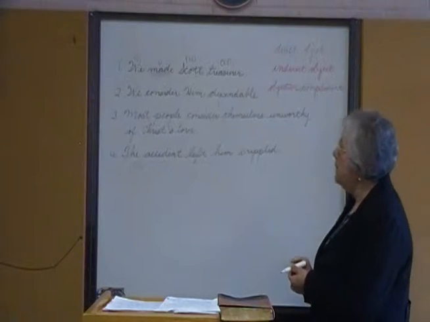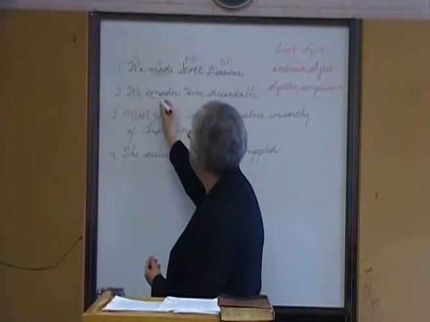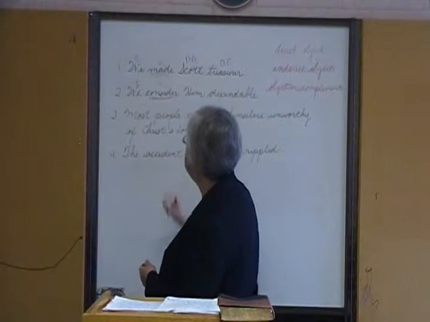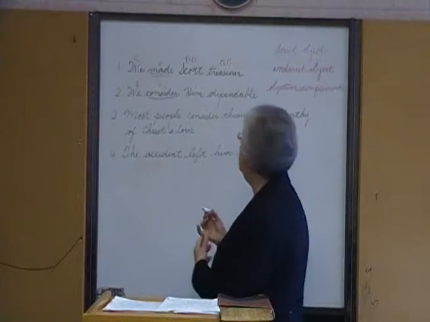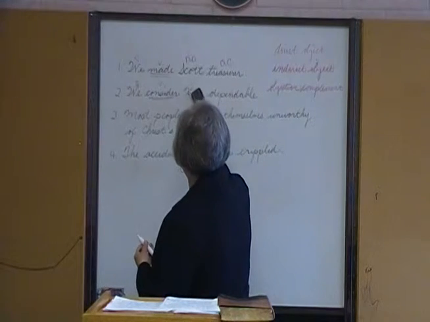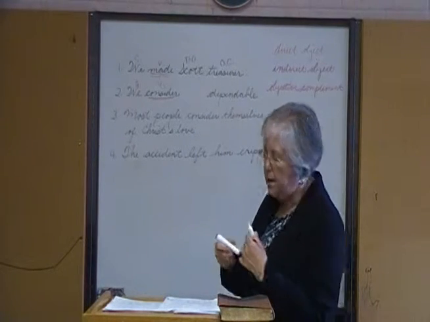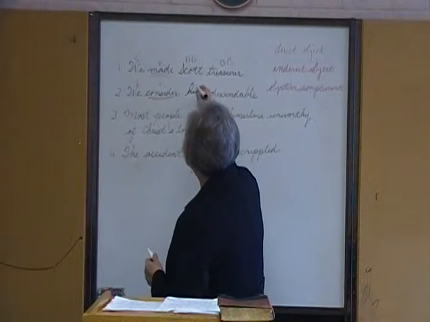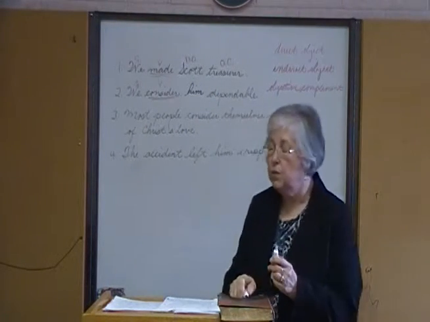We considered him dependable. What is the action? Consider. Who or what consider? We. Consider whom or what? Him. And I made a grammatical mistake here. Let me fix it. Him should not be capitalized, and I capitalized it. The only time we capitalize him is when we are referring to the Lord.